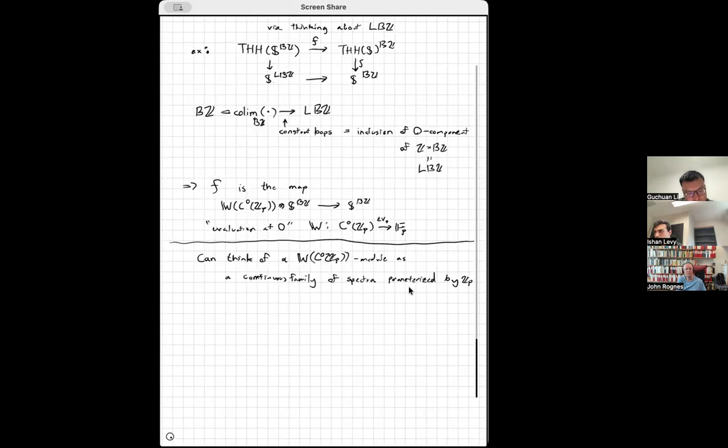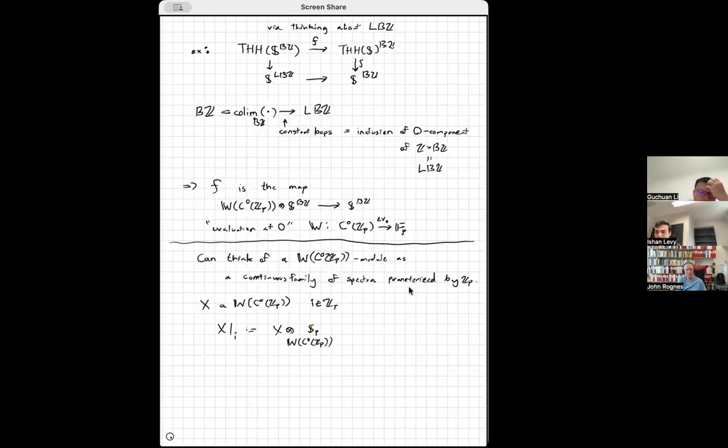And what do I mean by that precisely? If I have X, let's say, a module over this ring, and an element i in Z_p, then I can form X evaluated at i, which is X tensored over the spherical Witt vectors of continuous functions on Z_p with the p-complete sphere, written as the spherical Witt vectors of F_p, via the map given by evaluation at i.